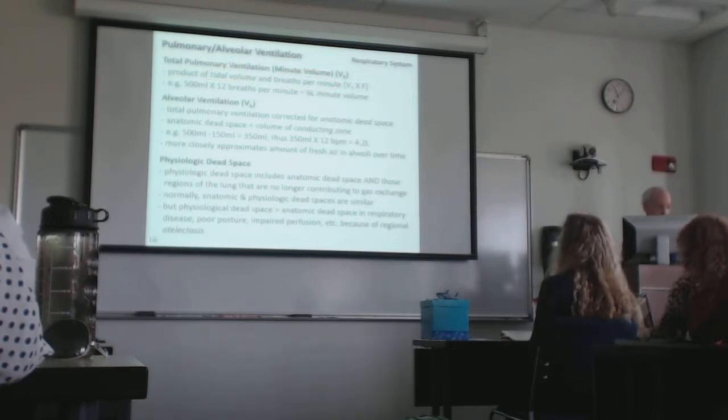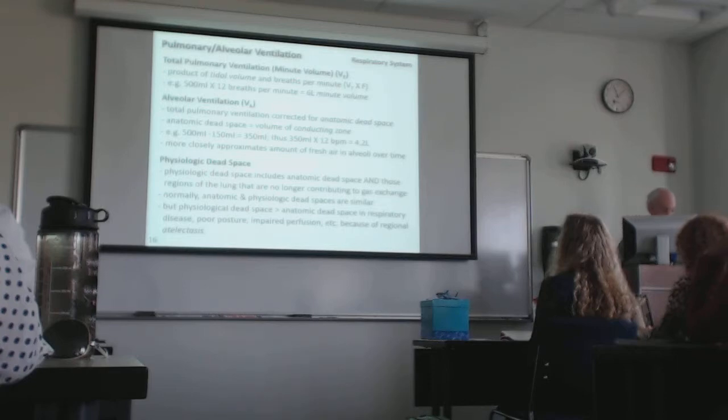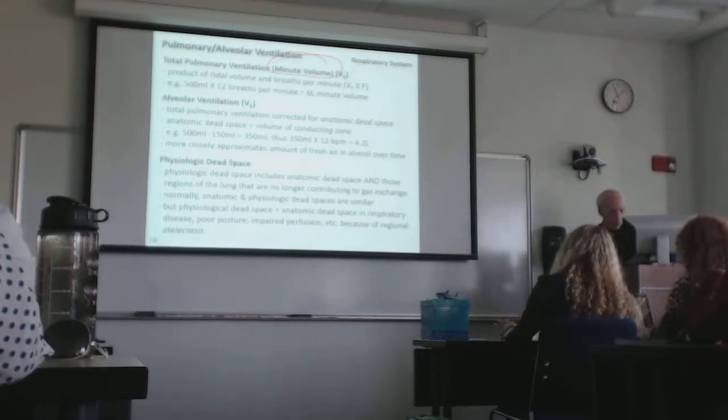But if your patient is breathing about 12 times per minute and has a tidal volume of a half liter, then that's going to come out to about 6 liters per minute. And that's a fairly representative number in a healthy adult. Now, that's total pulmonary ventilation, also called minute volume. So minute volume is really analogous to cardiac output.